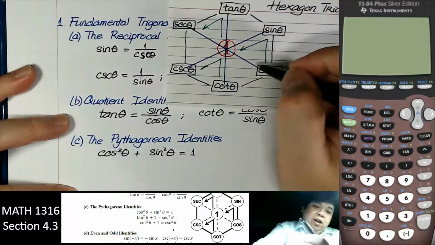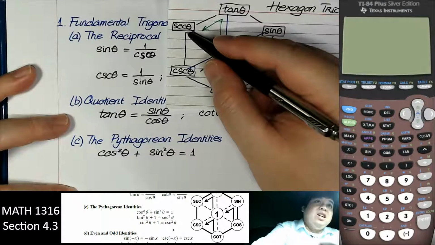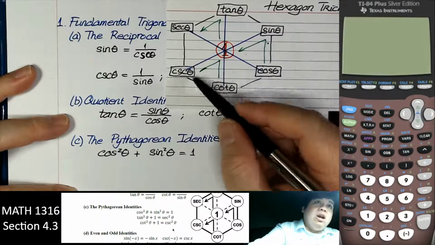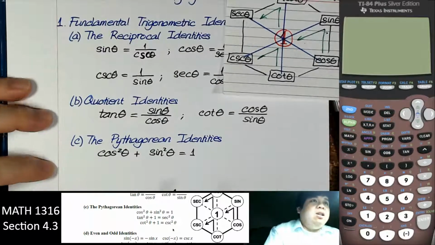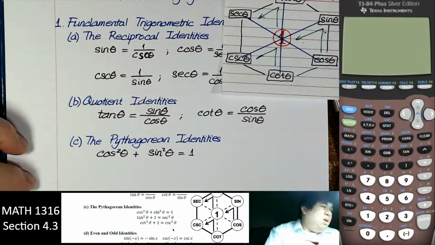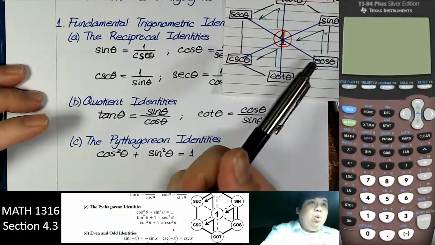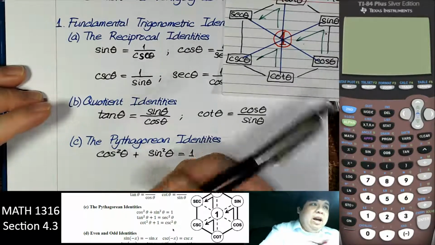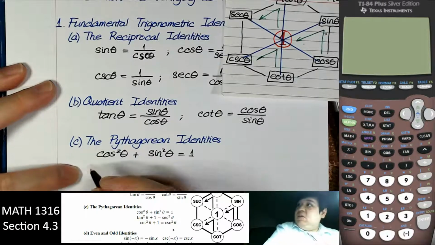So on here, cosine square plus sine square is 1. 1 plus tangent square is secant square, and cotangent square plus 1 is cosecant square. By the way, I think I sent you a few days ago a unit circle along with the hexagon and all the trig formulas, right? I think I did that before.